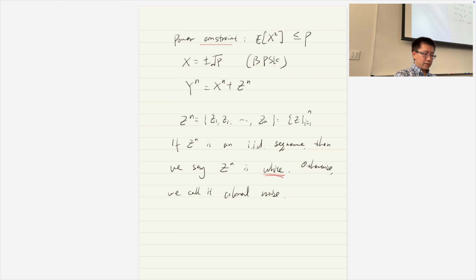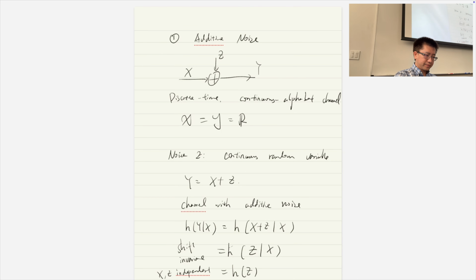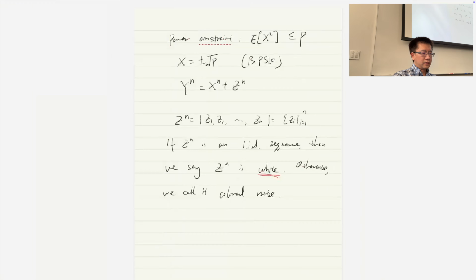Okay, so that's basically everything I want to cover for this topic. So what does this white mean? The spectrum has equal parts of every frequency. Yeah, exactly. The technical meaning of white is that the power spectral density of Z has to be a constant everywhere, from negative infinity to plus infinity.